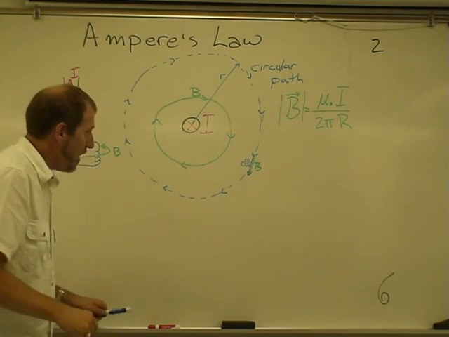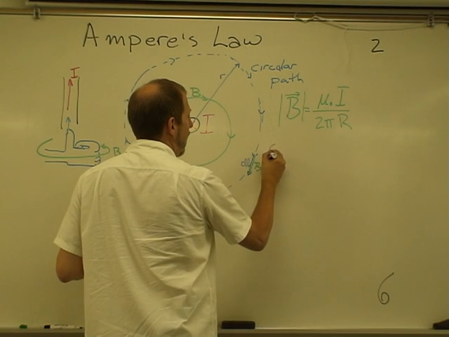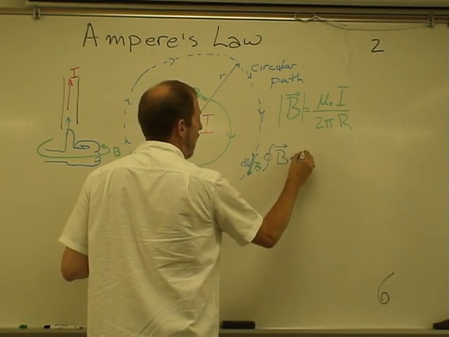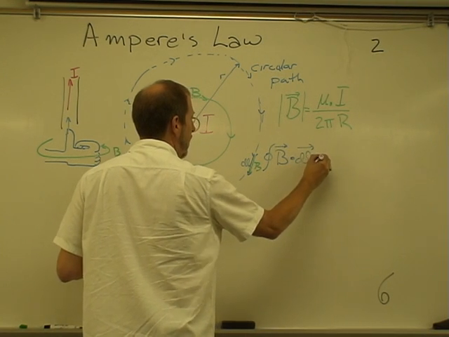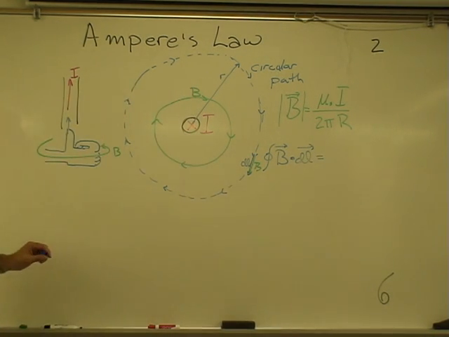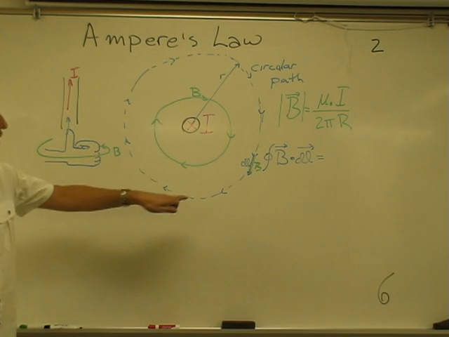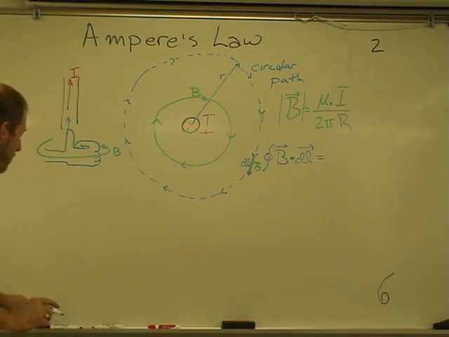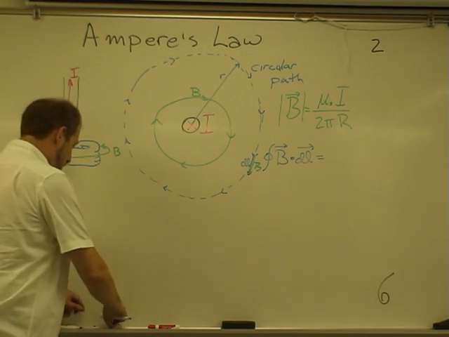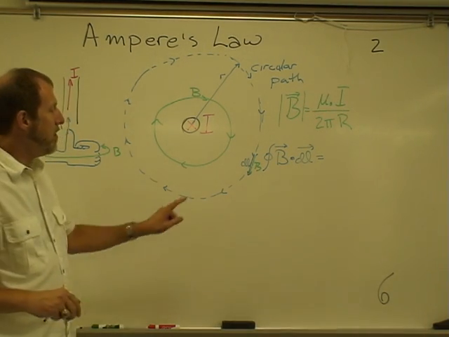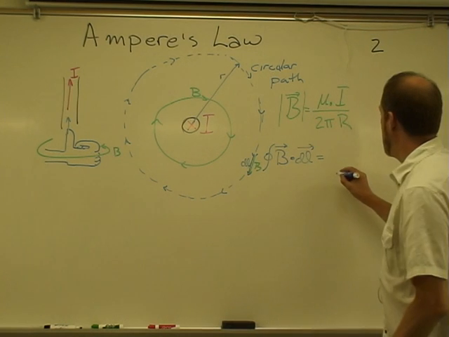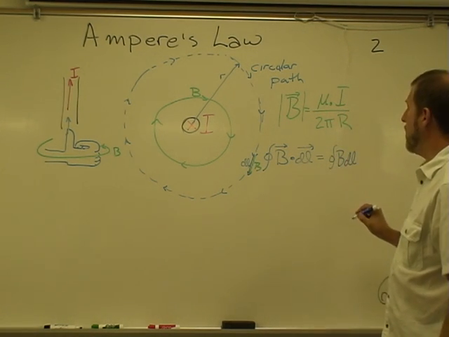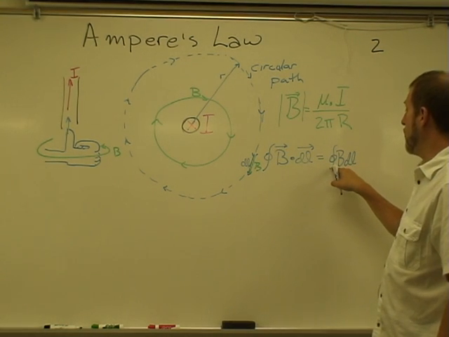So if I take the integral around a closed path of B dot dl, B dot dl is parallel at every point, so B dot dl is simply B dl integrated around that closed loop.